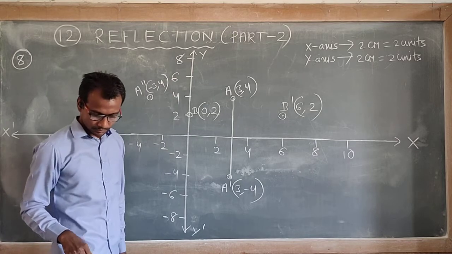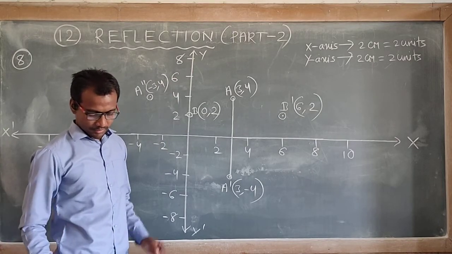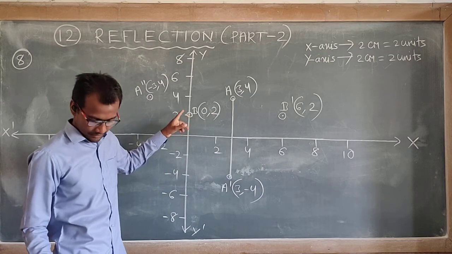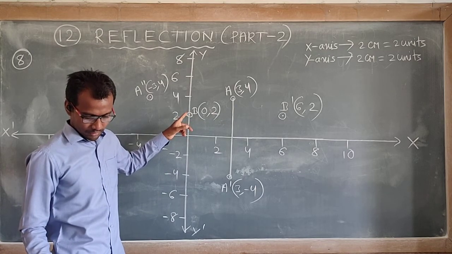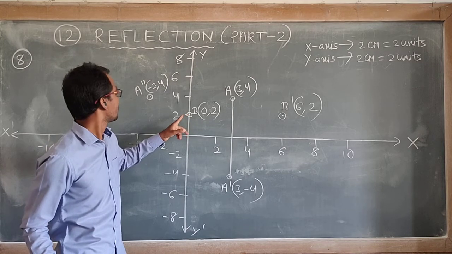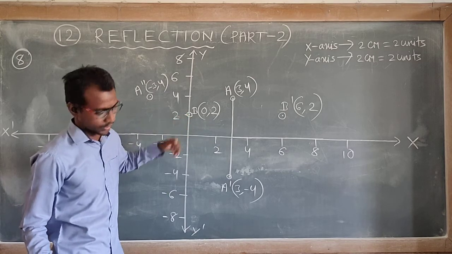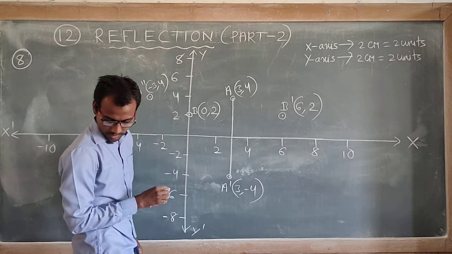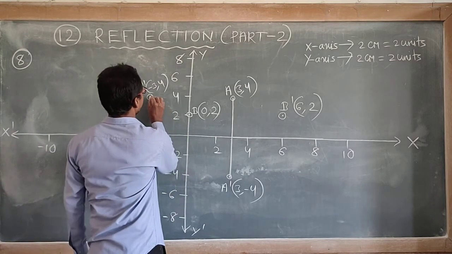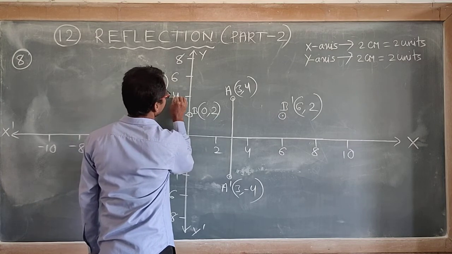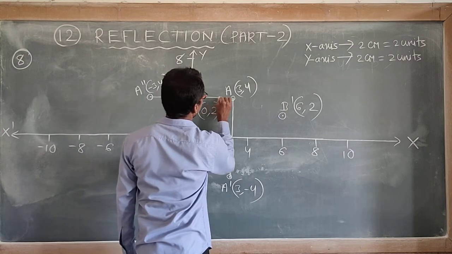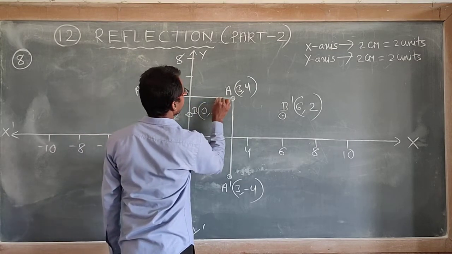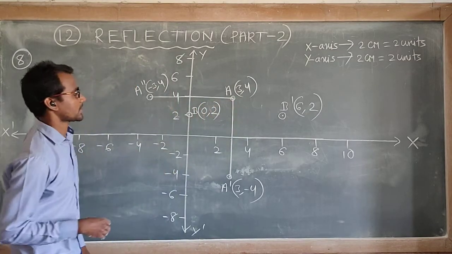Then B double dash is the image of B. Again, this point will be reflected in the line A double dash. So again join A double dash. If you join this line, it will pass through 4 and A. My diagram is not accurate, so the lines are also not that straight.